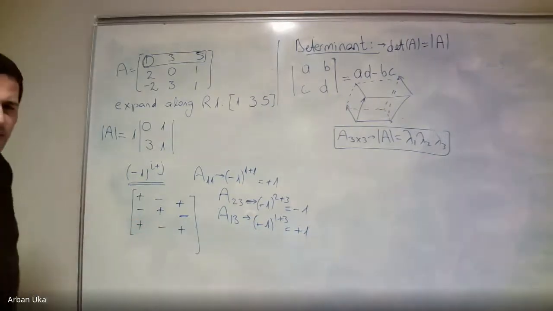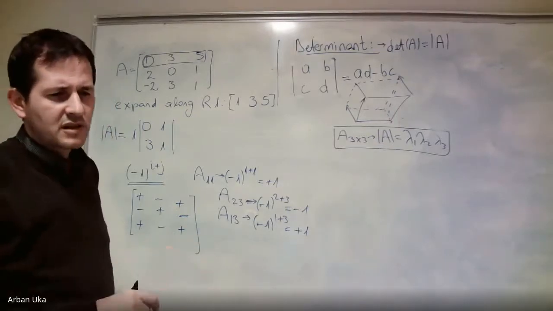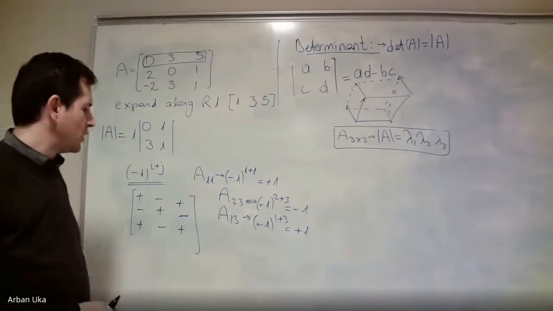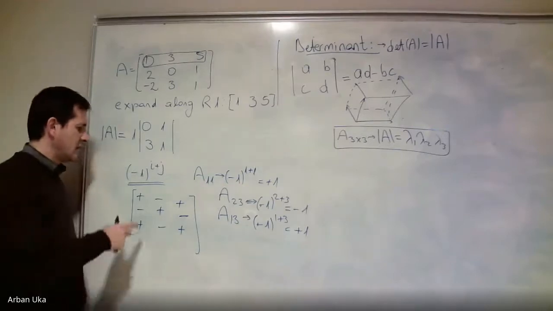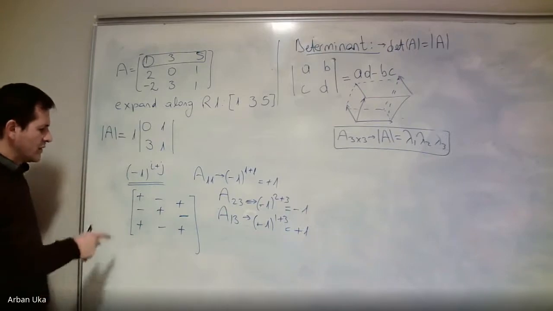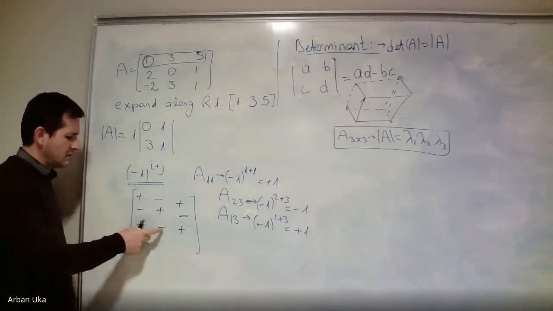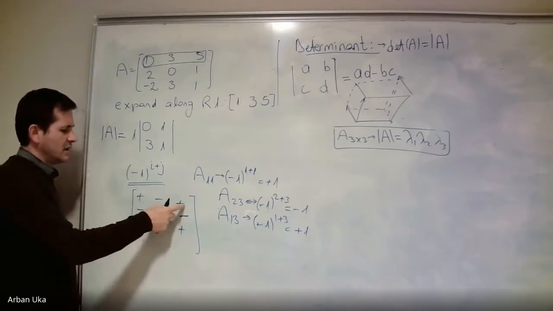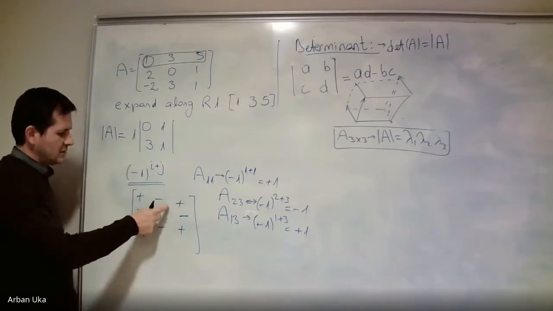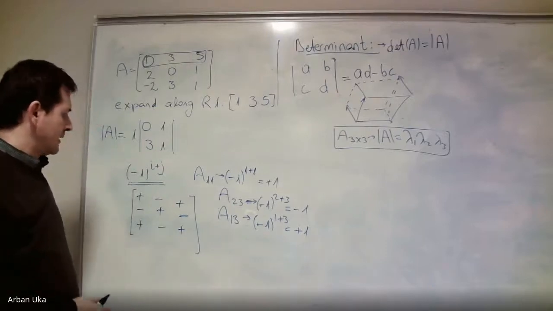So we can construct like an array of signs, negative and positive signs, which greatly depend on where in the matrix we are. Okay? So we always start with plus here, then we go plus, minus, plus, minus, plus, minus, plus. You go backwards, minus, plus. Whichever way you go to the next element, you get these minus pluses.